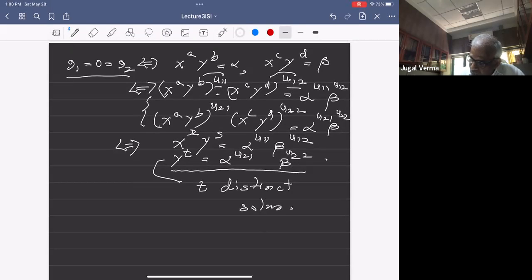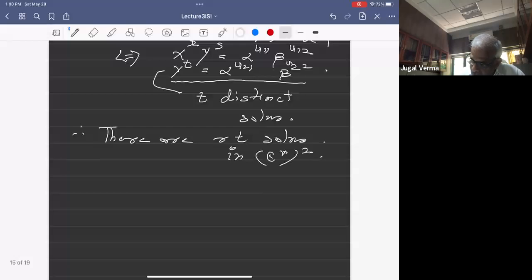Each one of those solutions in Y, if I substitute into the first equation, I will get R solutions. So therefore, there are RT solutions, RT non-zero complex roots, RT solutions in (C star) squared.